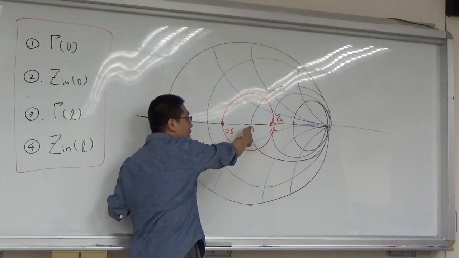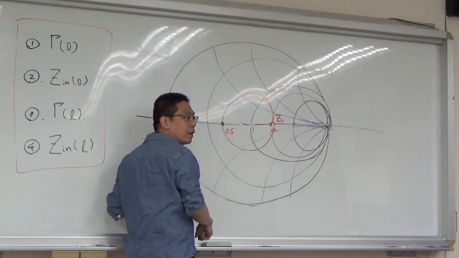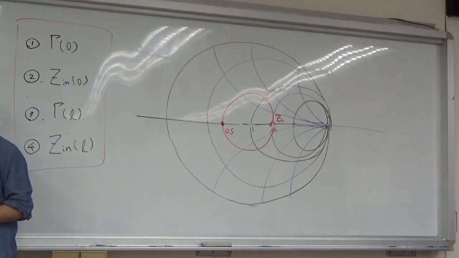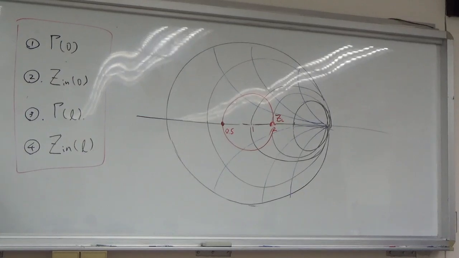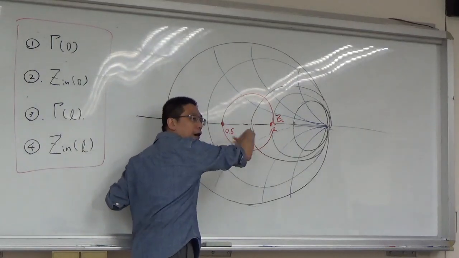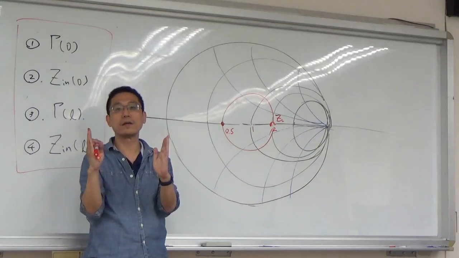The radius of this orange circle is the reflection coefficient, but the phase is changing. There's a 2 pi if there is a different phase changing on it. Absolute value is keeping the same.